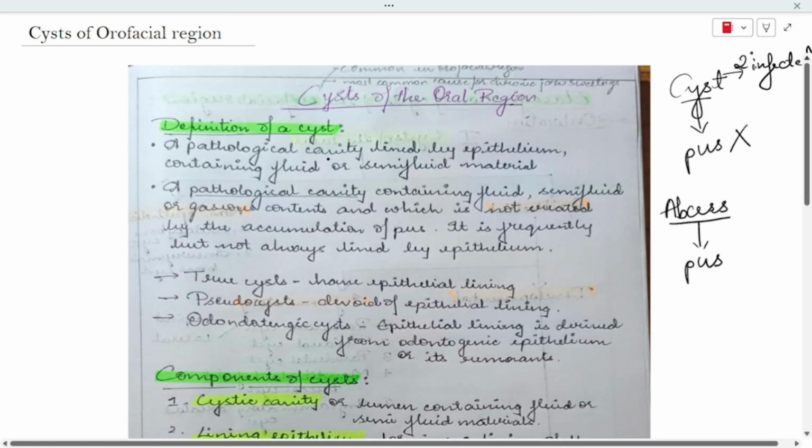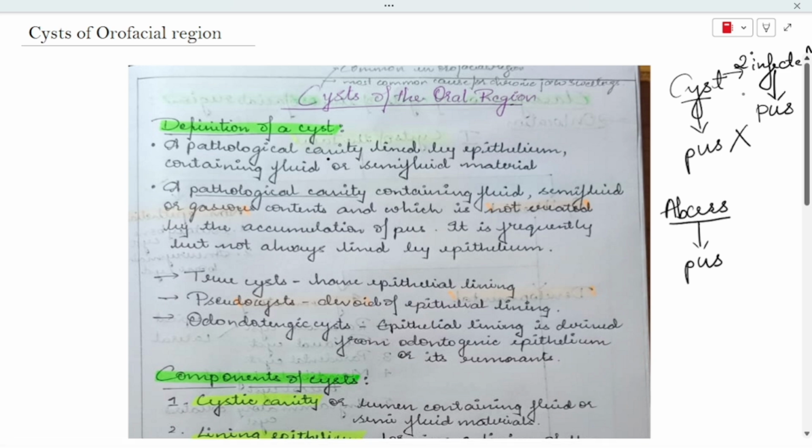This infection causes accumulation of pus in the cavity of the cyst. At that time we can call it a cystic abscess. Otherwise, a cyst does not contain pus. This is something you must remember.